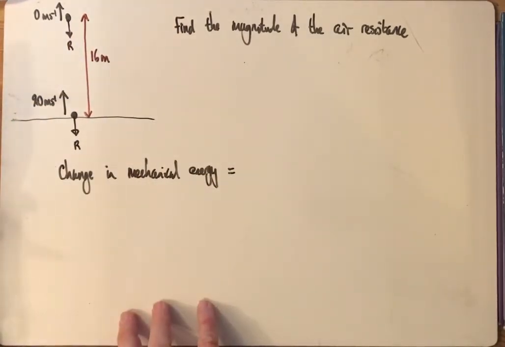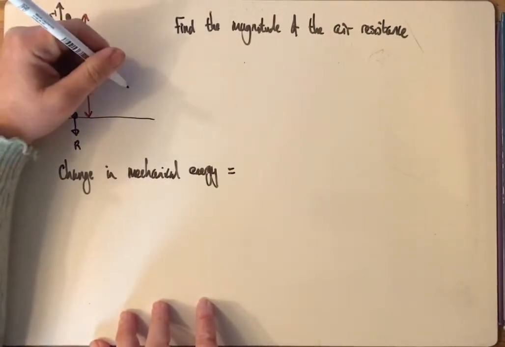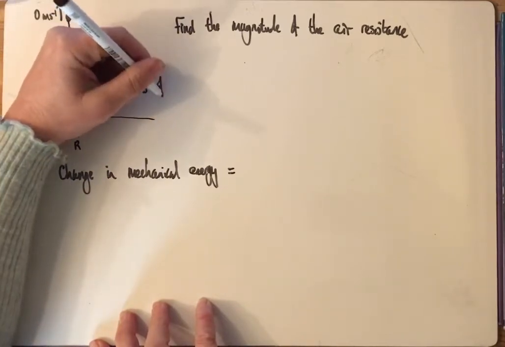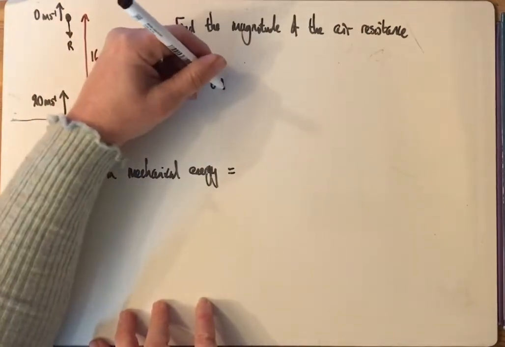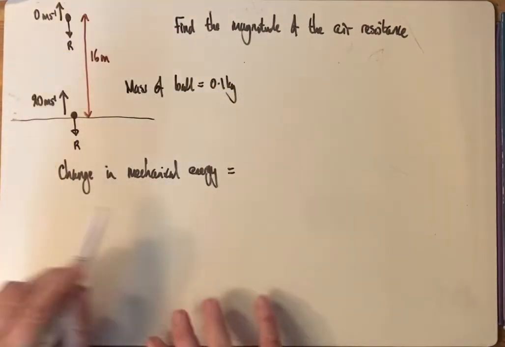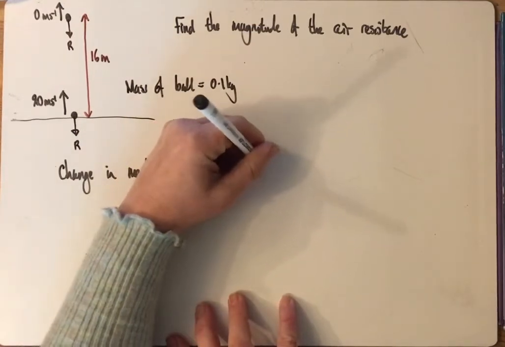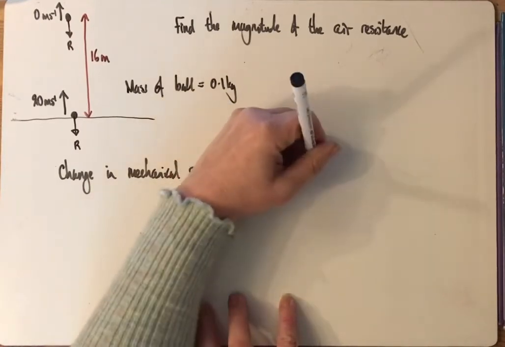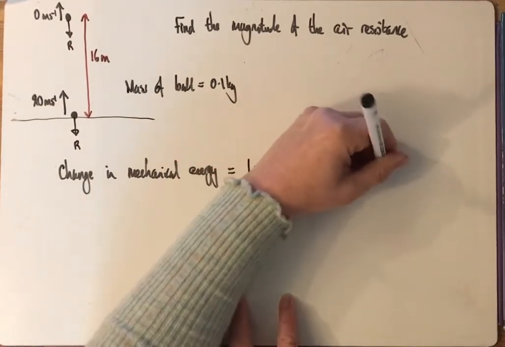So the ball is going to have a mass of 0.1 kilograms. So change in mechanical energy. So we've got loss in kinetic energy, take away the gain in potential energy.